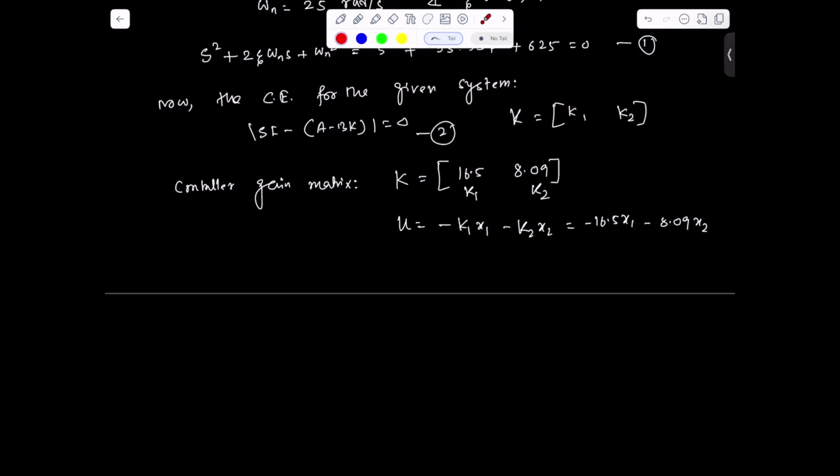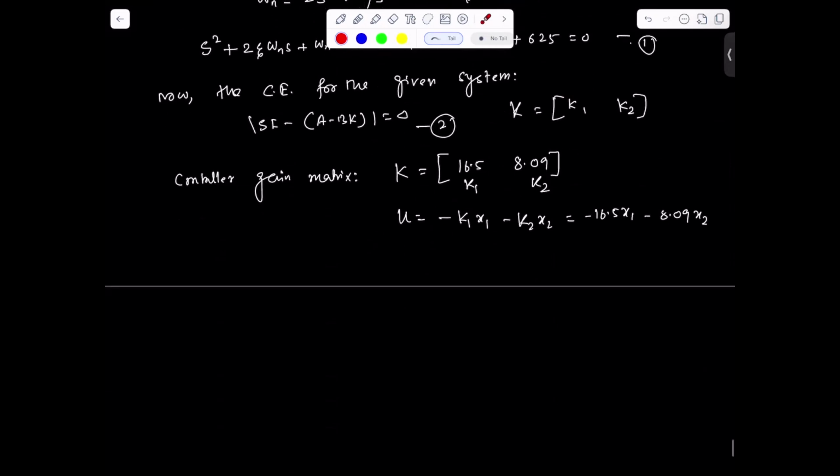Before proceeding to the observer part, first we have to test the observability matrix, whether it is full rank or not. If it is full rank, then we can design the observer for this system.